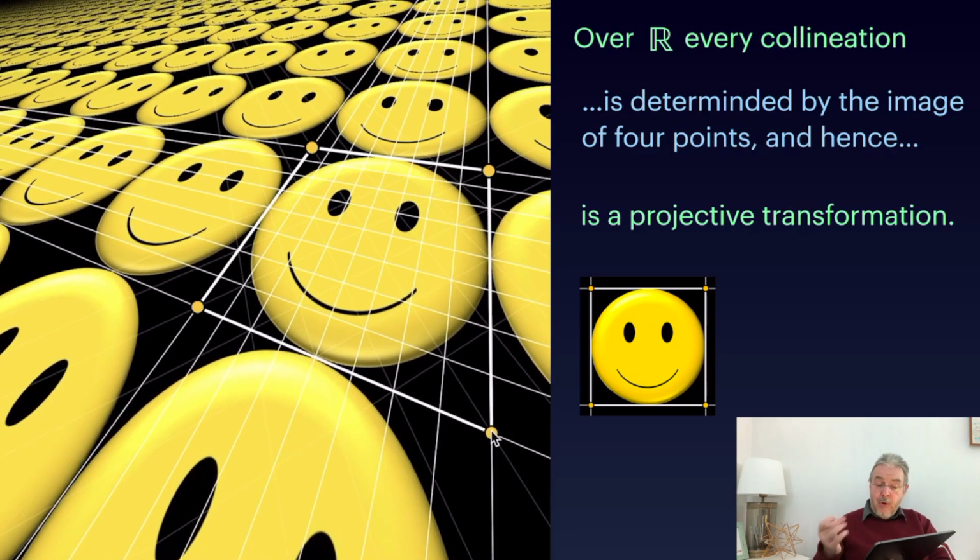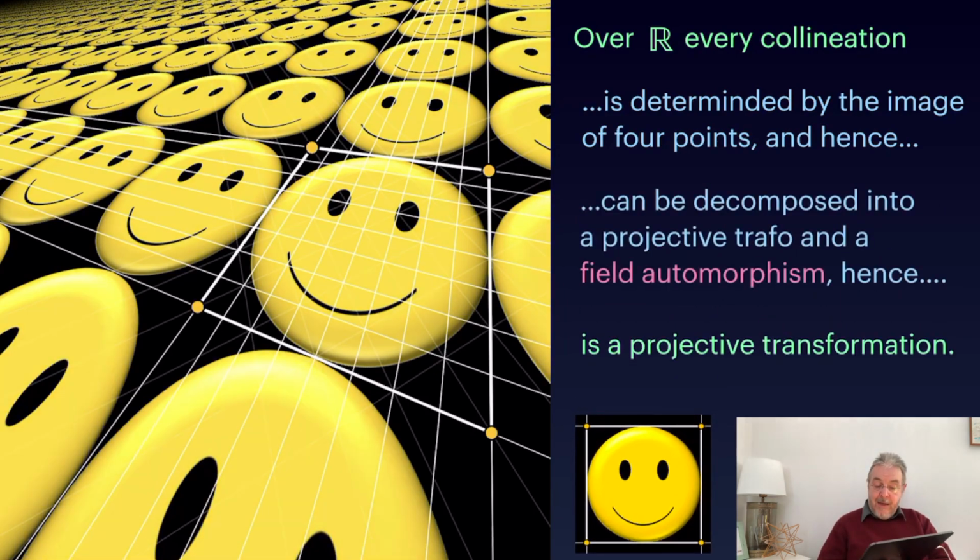So we are working over the real numbers, and actually it turns out that as a consequence of this statement here and the density of this grid, we get the following thing. Over R, every collineation can be decomposed into a projective transformation and a field automorphism.